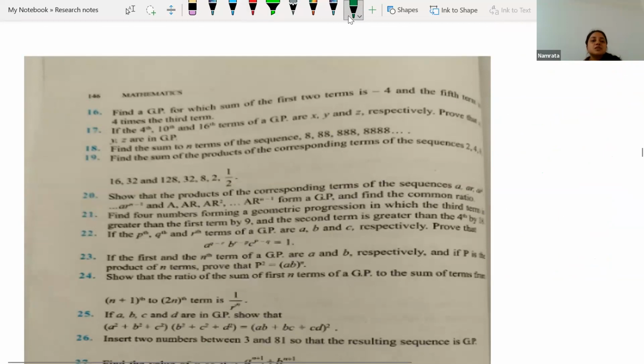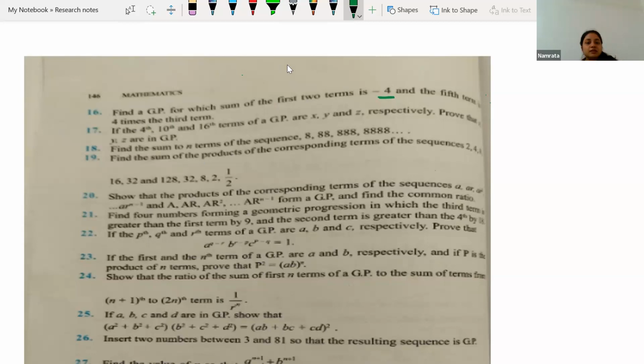So the first question says, find a GP. Number 16 says, find a GP for which the sum of first two terms is given, and the fifth term is four times the third term.